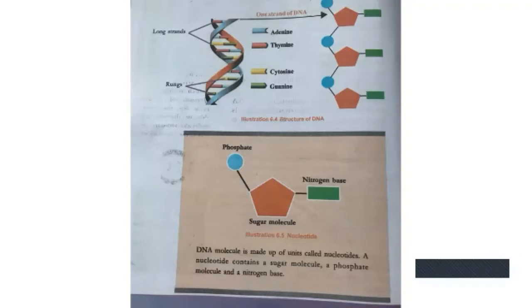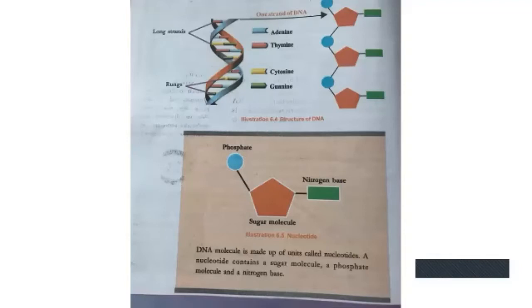So DNA has a double helical structure. In that double helical structure you can see two long ribbon-like strands, and inside them you can see the rungs, the step-like structures, which are known as the nitrogen bases.